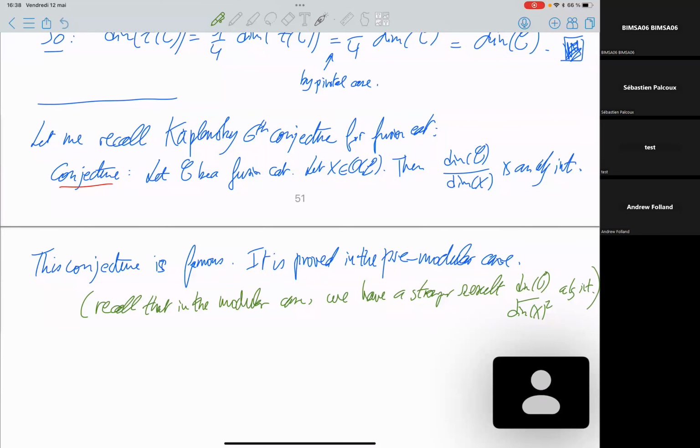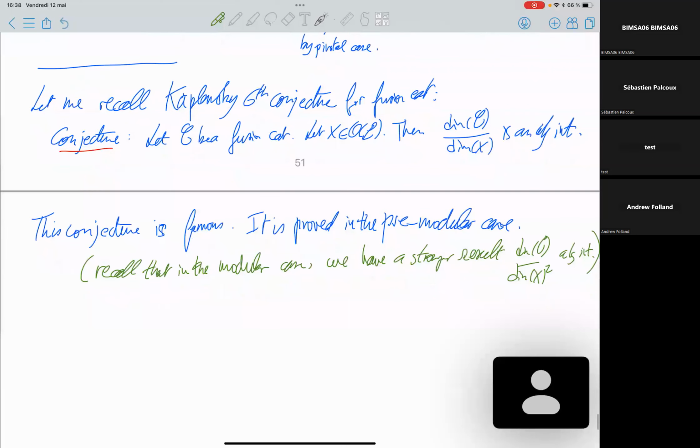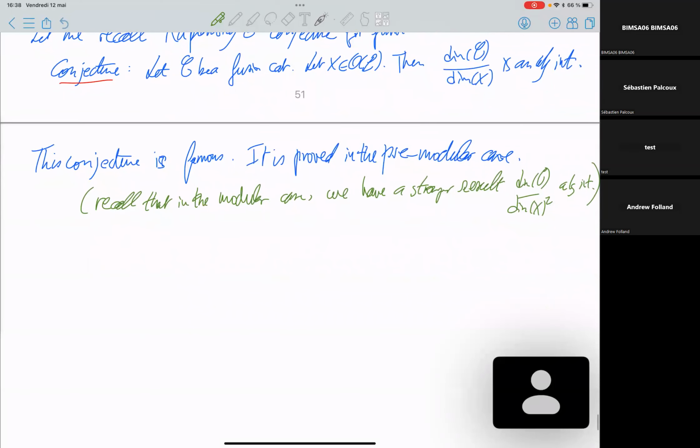For the premodular case, we cannot have the square, but the dimension of C divided by the dimension of X is still an algebraic integer. So this conjecture is proved in the premodular case.